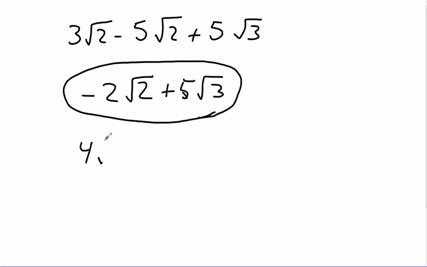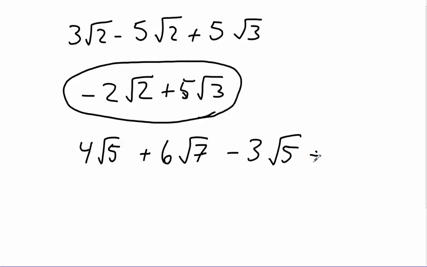We have 4 radical 5 plus 6 radical 7 minus 3 radical 5 plus 5 radical 7. Okay. Again, let's treat them like variables. So we have a radical 5 here, radical 7, radical 5, radical 7. None of them can be simplified, so now we just have to combine.